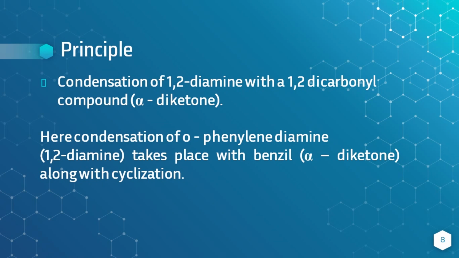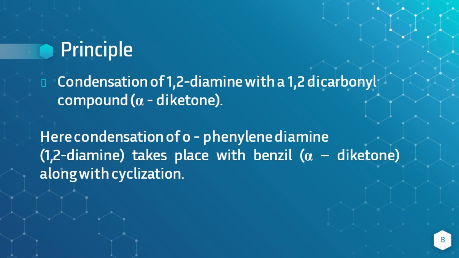So as we have already seen, we are going to synthesize it using orthophenylene diamine and benzil. The principle behind the synthesis is condensation of a 1,2-diamine with a 1,2-dicarbonyl compound, or you can also say alpha diketone. The 1,2-diamine which we are going to use is orthophenylene diamine.